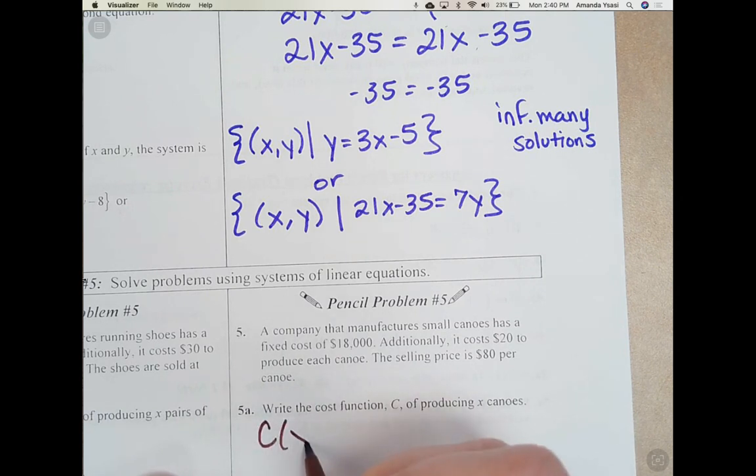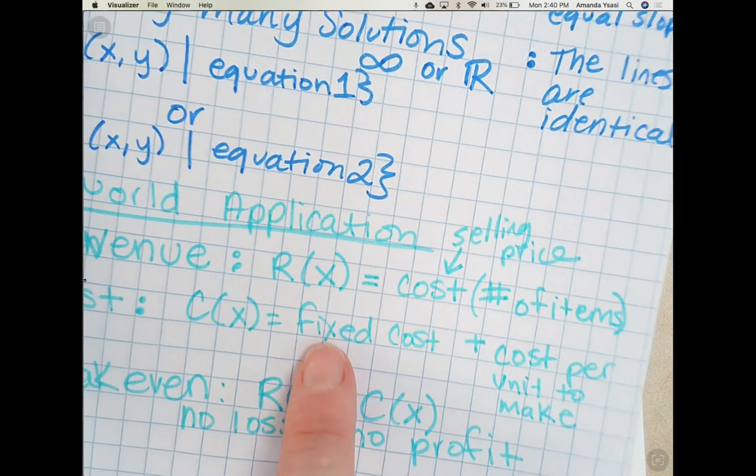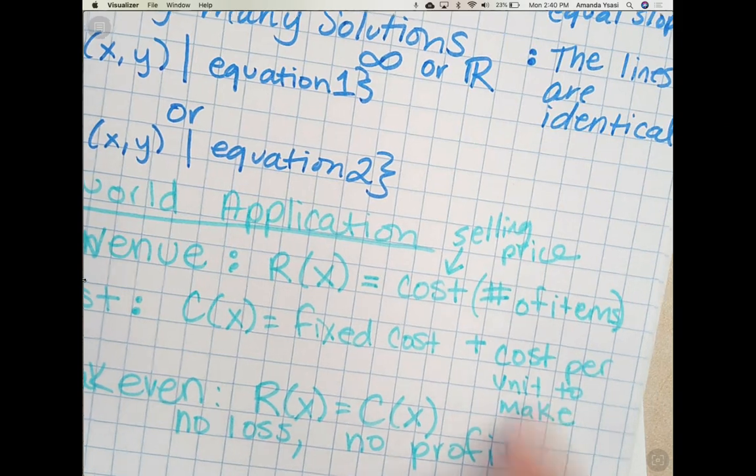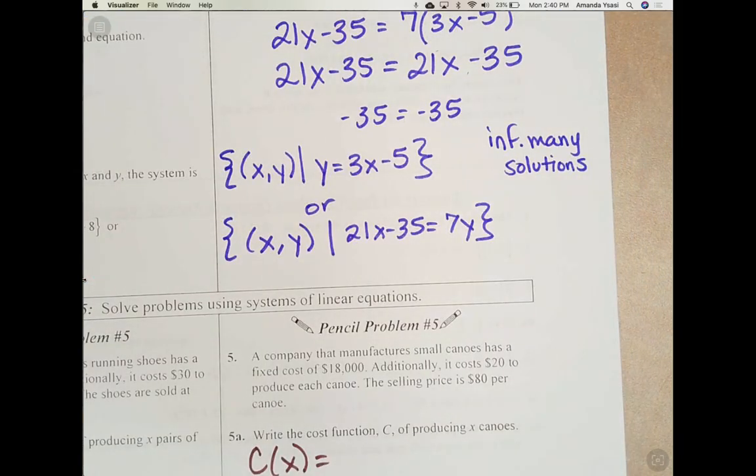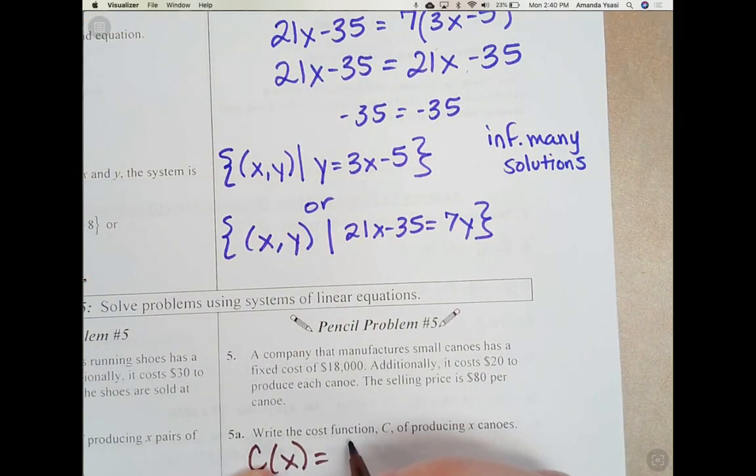So C of X is your cost function. And that's found, if we look back at our notes, it's our fixed costs plus the cost per unit to make. So that would be listed as 18,000 plus $20 times X.